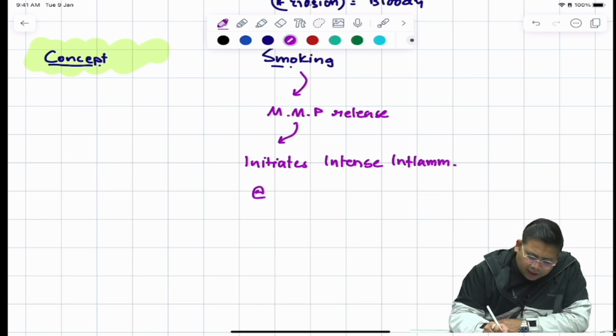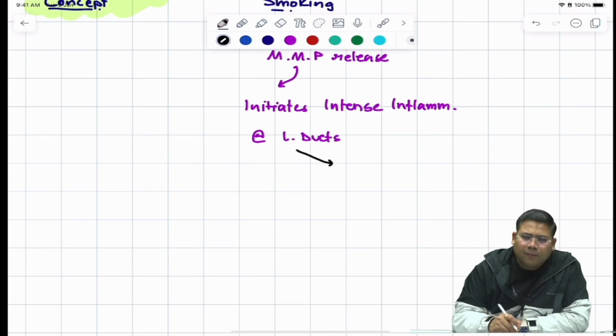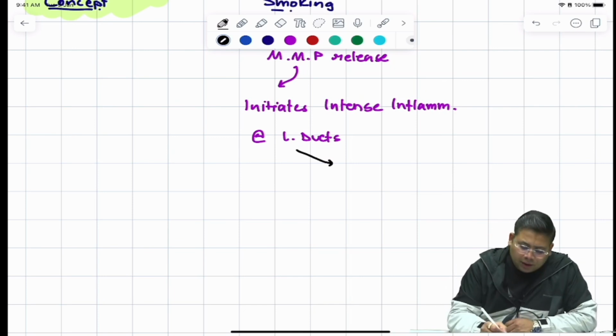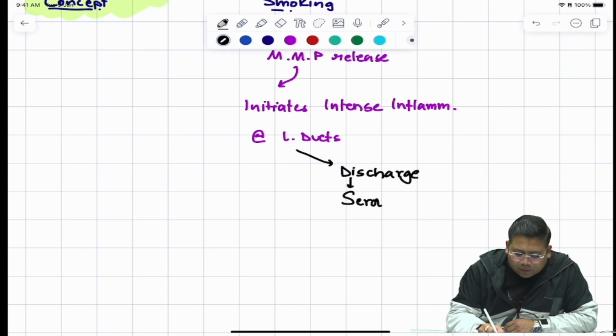Around the lactiferous ducts. So do you know that lactiferous ducts contain what kind of epithelium? The cuboidal epithelium. The cuboidal epithelium is loaded with tubules, and therefore due to inflammation there shall be what, students? There shall be discharge, and this discharge will be of what presentation? Serous discharge. And this is very, very, very important.